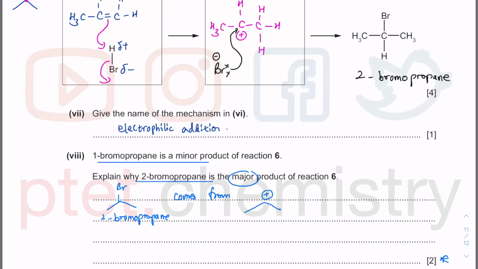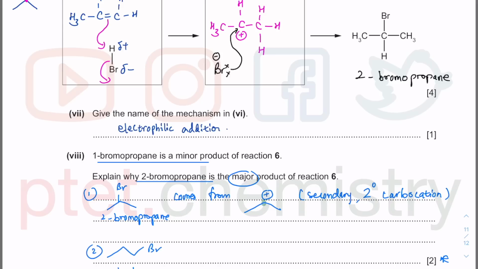So the carbon with the positive charge is bonded to 2 other carbons. There is 1 hydrogen there. So this is a secondary carbocation. Secondary, or usually what I write is 2 degree, which is the short form for secondary, and this is a carbocation intermediate.